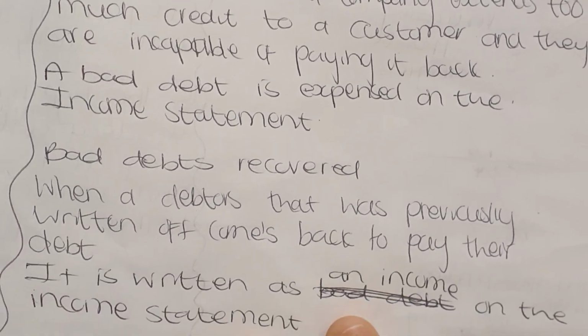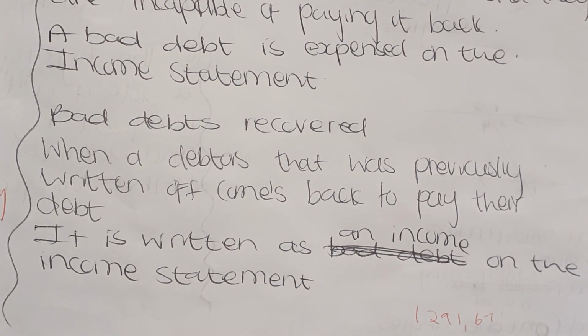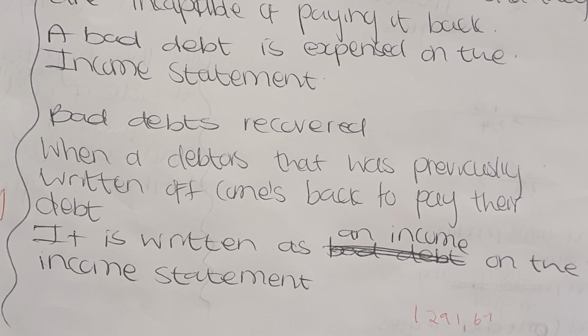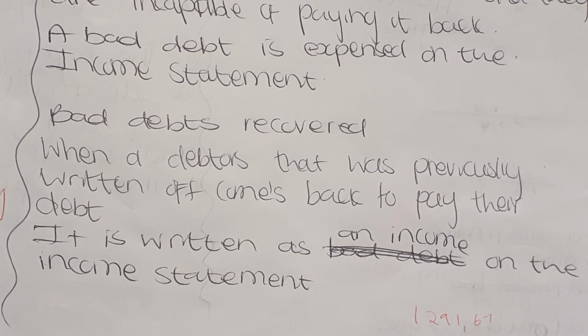And then when someone who had previously not been able to pay back their debt finally comes back to pay it, it's called bad debts recovered. Now we have recovered from Ngobeni, who has not paid us for the past 3 years, and after 3 years they come back, hey, I'm available, I now have a job, and I will be able to pay you back what I owe.